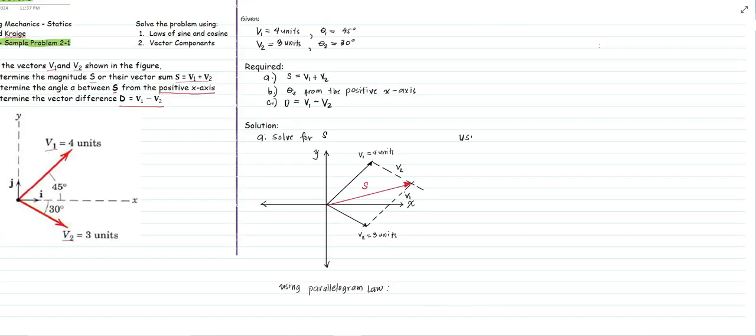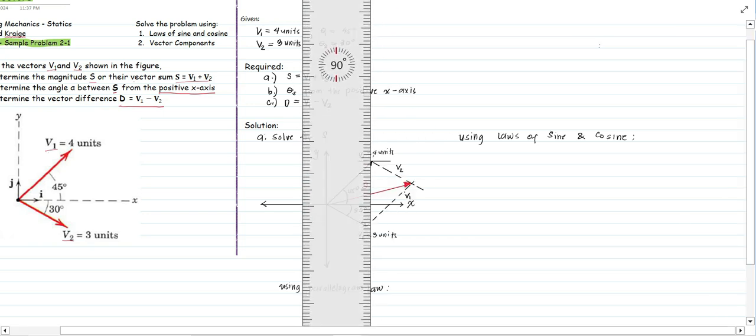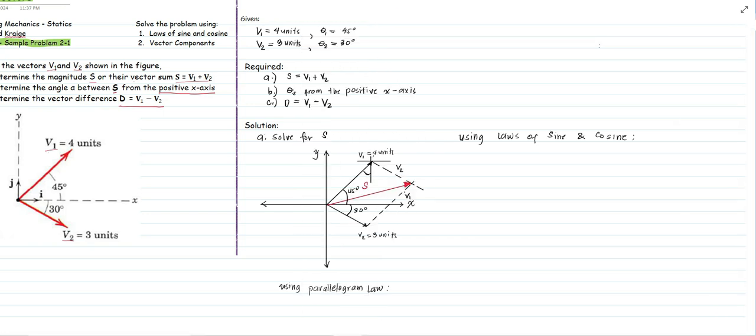In this problem, we will apply our discussion of the laws of sine and cosine in solving for the vector sum. Let us analyze the angle inside the parallelogram. As given, v1 is making 45 degrees from the positive x-axis, and 30 degrees for v2 as shown. If we make a reference coordinate at this point, we can analyze that v1 is 45 degrees, since 90 degrees minus 45 degrees is still 45 degrees.